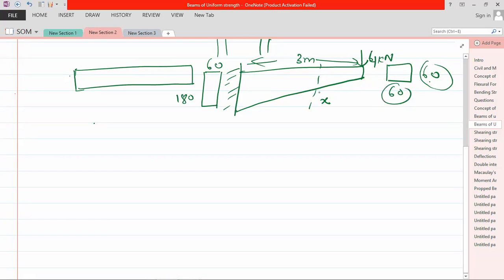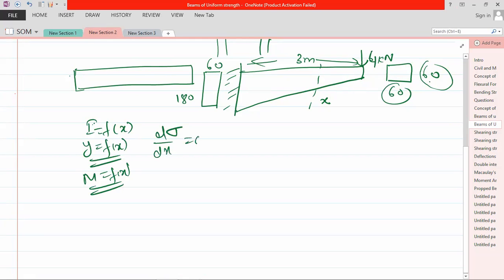It means the width is constant, the height is variable. So you need to obtain I as a function of x, and also y as a function of x, and M is also a function of x. So three functions of x, then you obtain bending stress, then differentiate it with respect to x to obtain the equation.